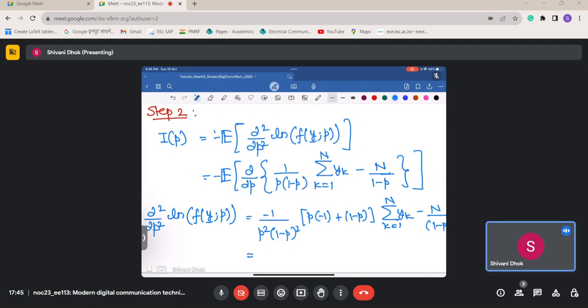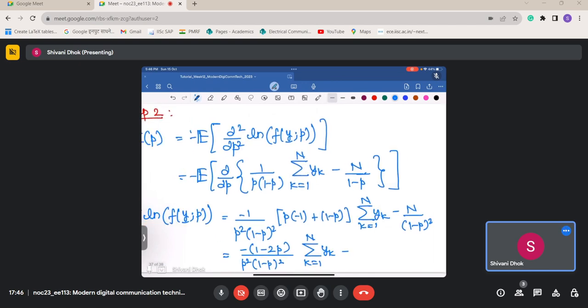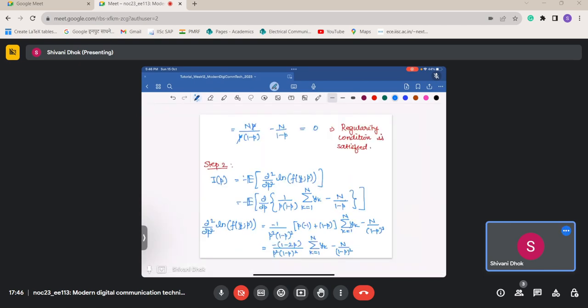So this comes out to be minus of 1 minus 2P whole divided by P square into 1 minus P whole square multiplied by summation k running from 1 to capital N y k minus N upon 1 minus P whole square.